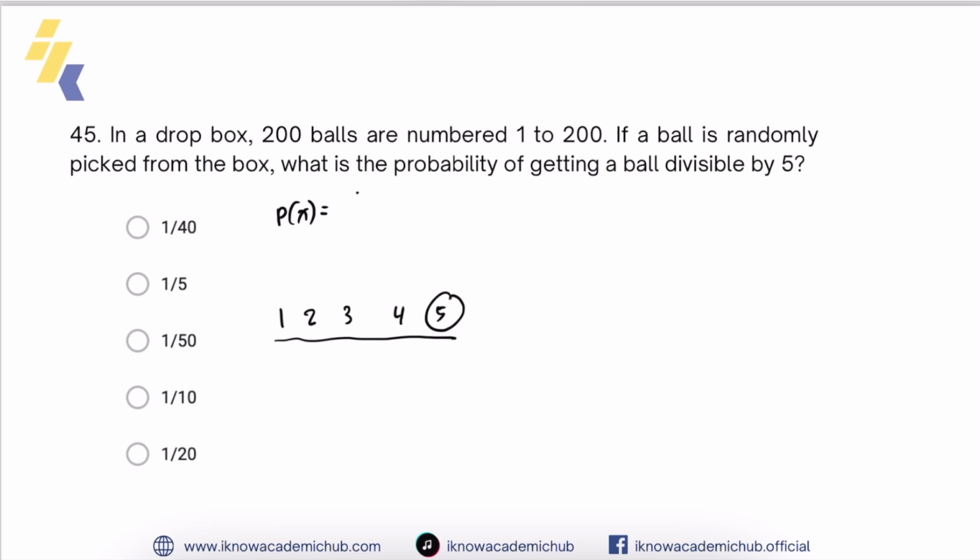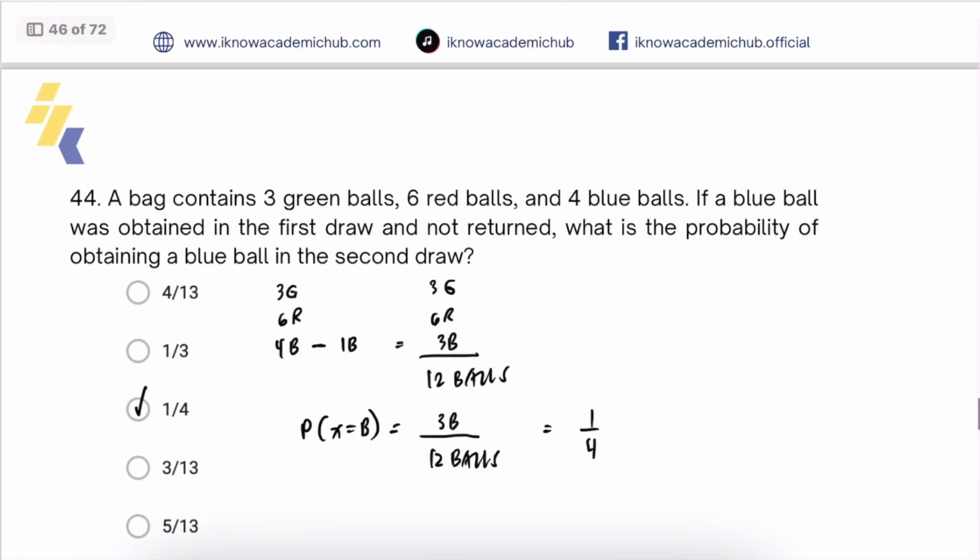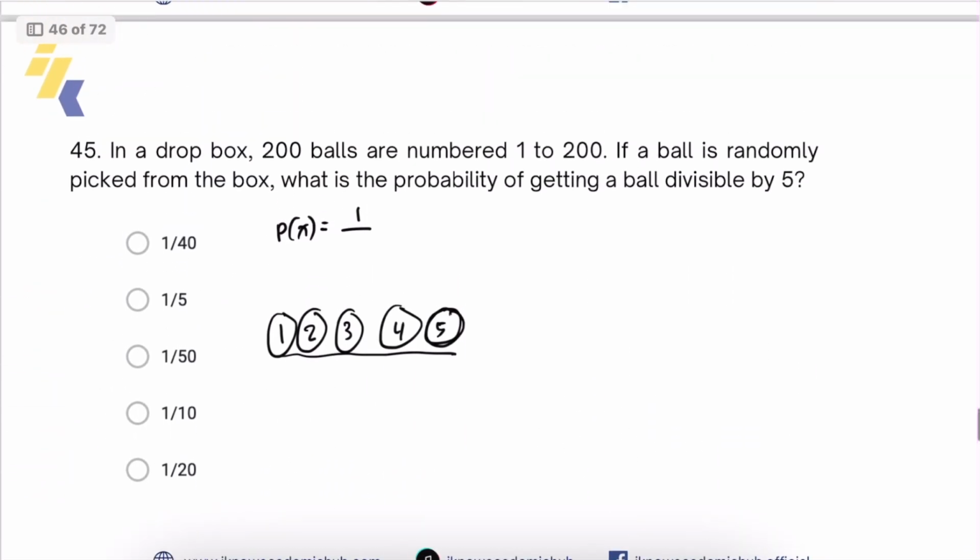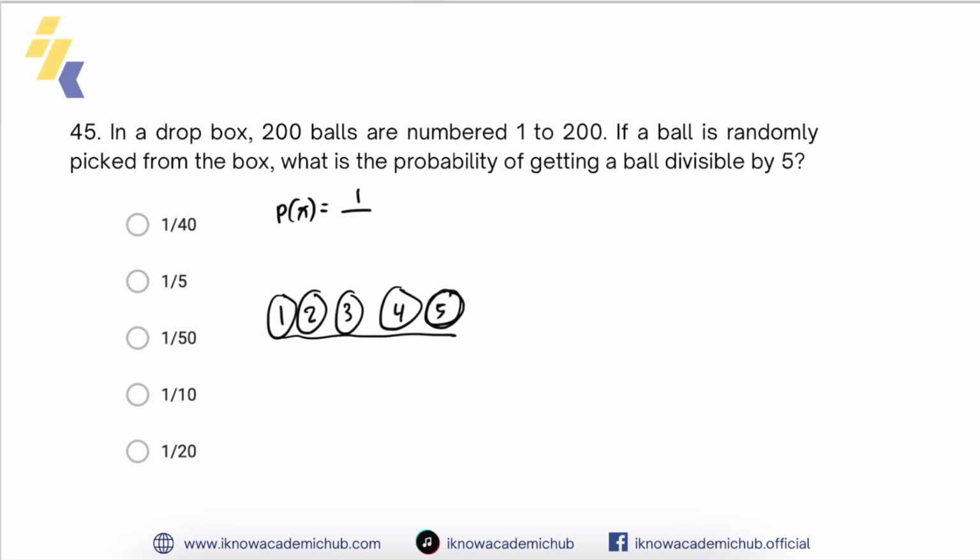So we have here 1 over how many numbers are those? 1, 2, 3, 4, 5. So that is 1 over 5, and this is the correct answer.